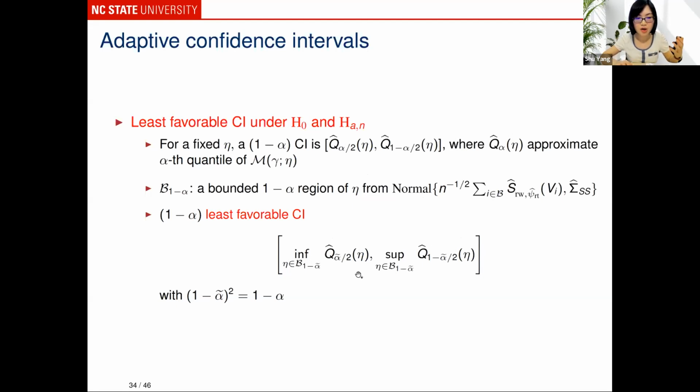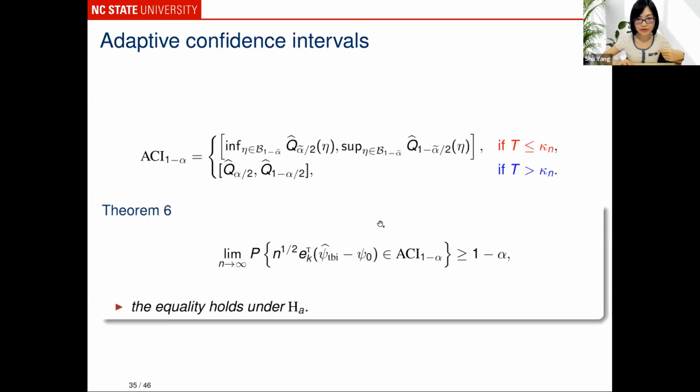And here we need to take our alpha tilde to be a smaller value because essentially we ignore the tail area for eta. So this becomes the least favorable confidence interval. And in summary, we have this adaptive confidence interval here. Depending on whether T is less than or equal to kappa_n or greater than kappa_n, we construct different confidence intervals. And we can show that this approach controls the type 1 error, and the equality holds under the fixed alternative.